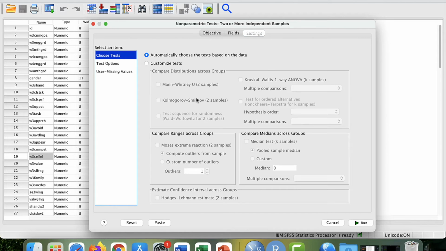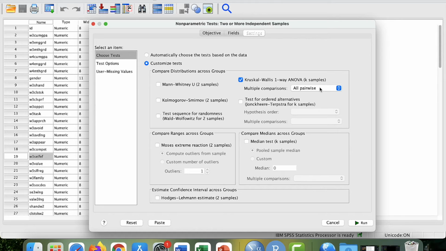Now the settings gives us some choices. We can choose which test we want to run, or we can let SPSS choose it for us. SPSS will just take a look at the number of groups being compared and decide whether to do a 2-sample test or a 3-sample test. So we can let SPSS do it, or we can select it ourselves. Now, we're going to do Kruskal-Wallis ANOVA because we've got three groups. And the multiple comparisons, when it says all pairwise, will compare each group to each other group.